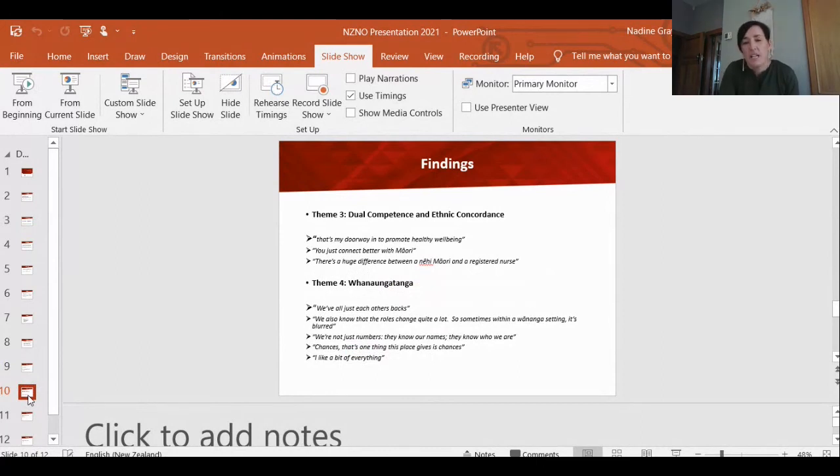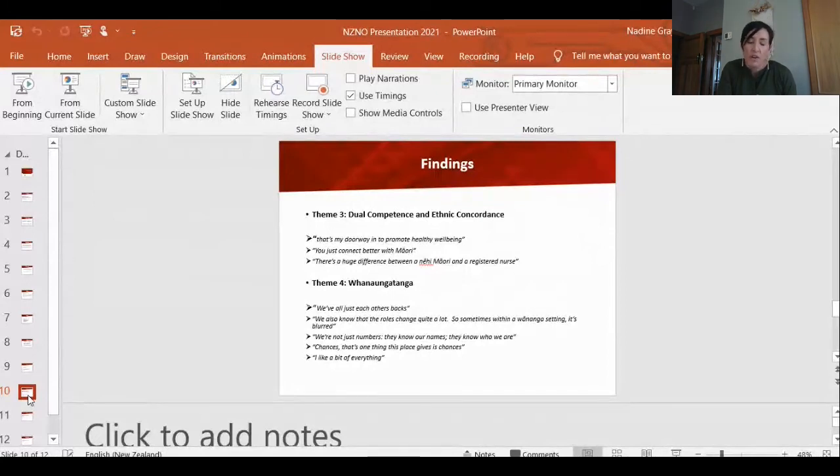Theme 4, whanaungatanga. The students that participated talked about a common thread of the importance of relationships, not only with the fellow students in the class, but also student and kaiako, or teacher, and the availability of both formal and informal learning support, and the ease of accessibility to kaiako, lecturers, to support them in their journey.